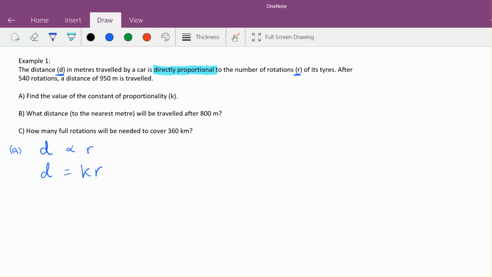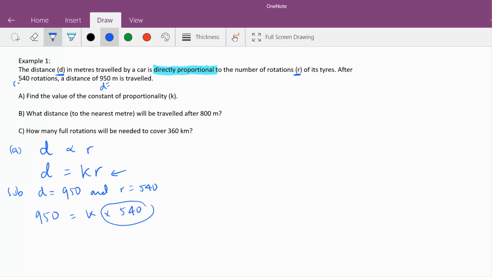Now, it says find k. How can I find k here? Well, I was given that r equals 540 when d equals 950. So let's go ahead and sub in. So sub d equals 950 and r equals 540. So let's put d equals 950 at the front equals k times 540. I'm substituting in here. So now what's the opposite of times?